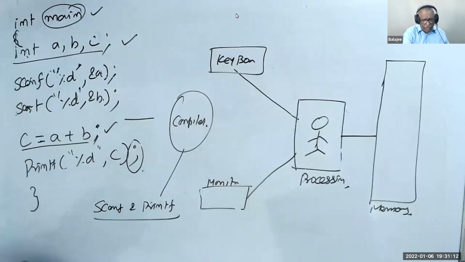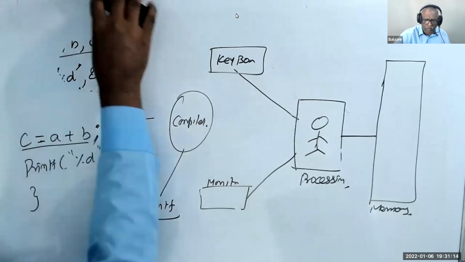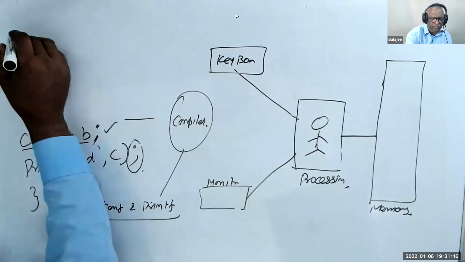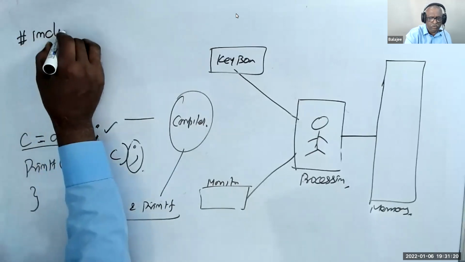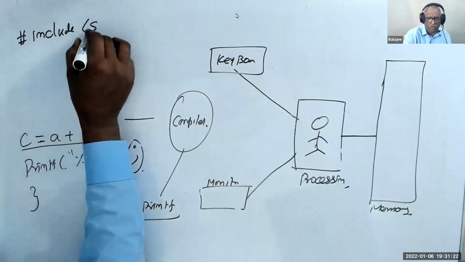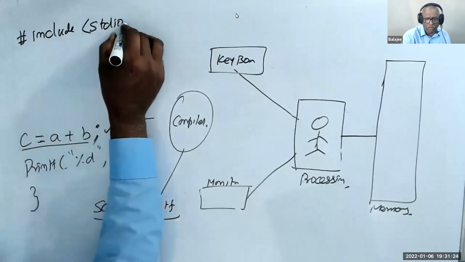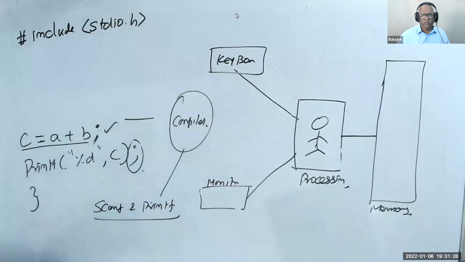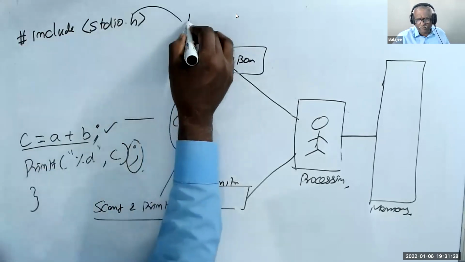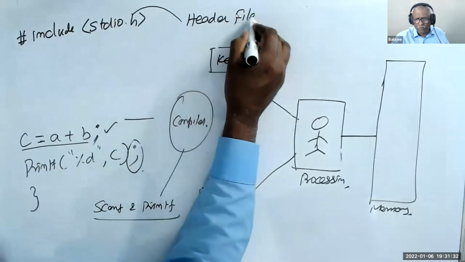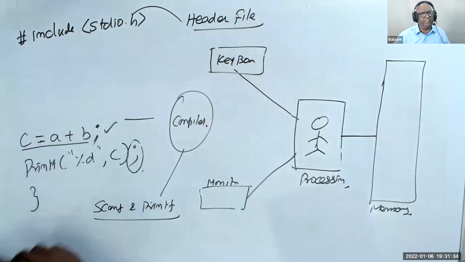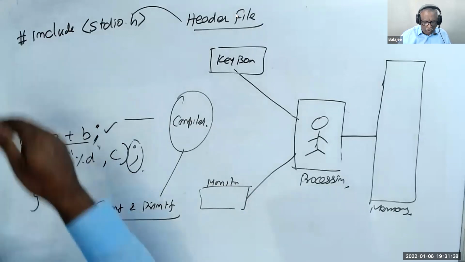So what we do here is we start this program with hash include. Okay, this is called header file, which tells the compiler how I'm going to use two functions called printf and scanf.